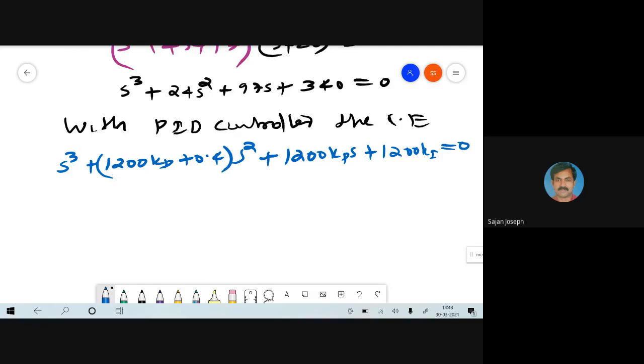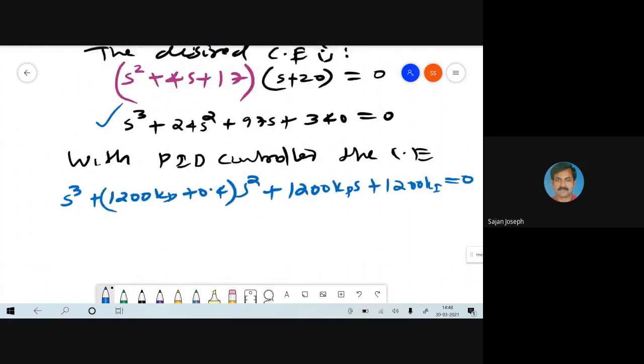Now, by comparing the desired characteristic equation with the characteristic equation after adding the PID controller, you can find the values of Kp, Ki, and Kd. The coefficient of s square in the desired equation is 24, and here it is 1200 Kd plus 0.4.